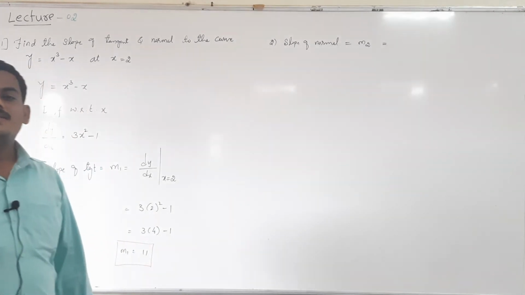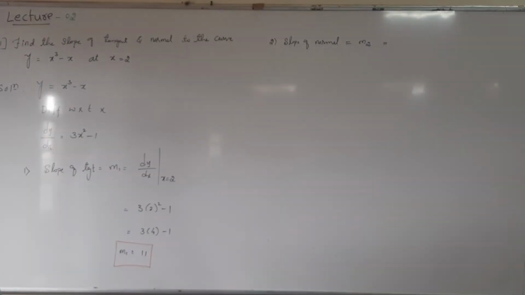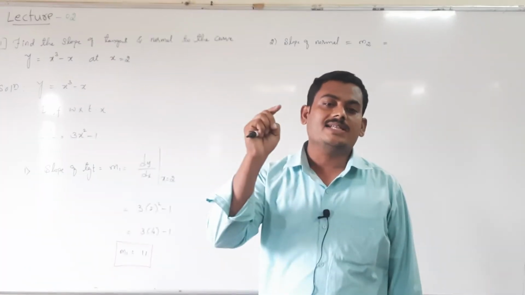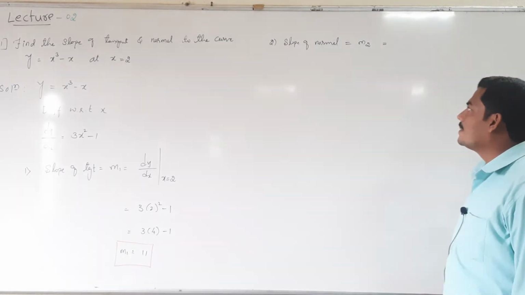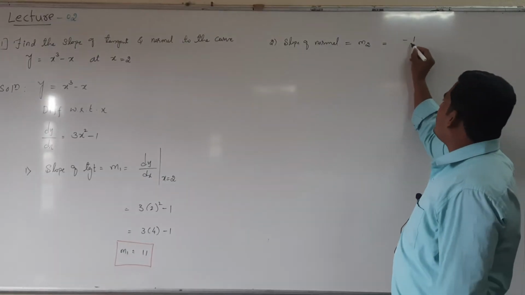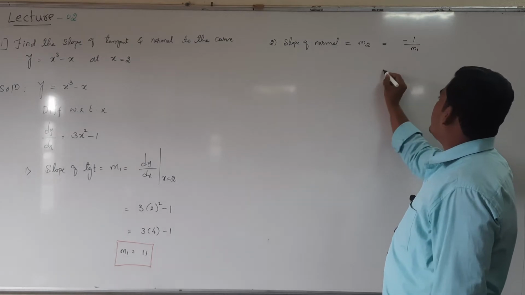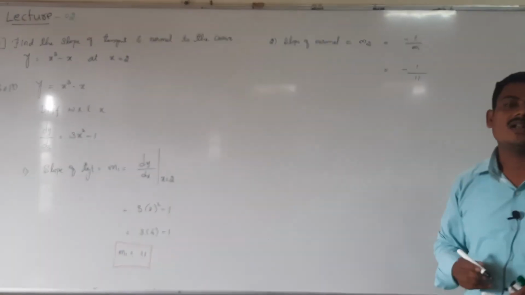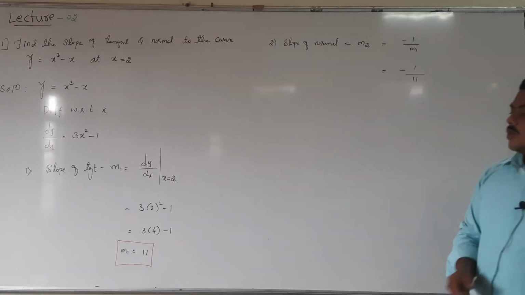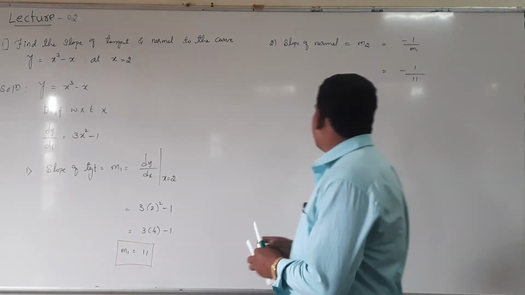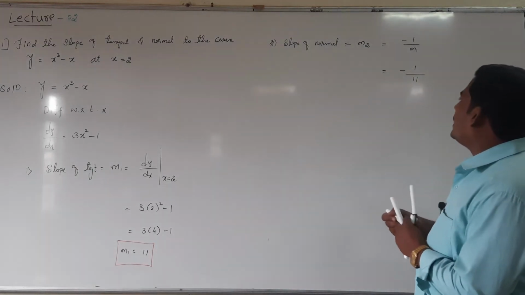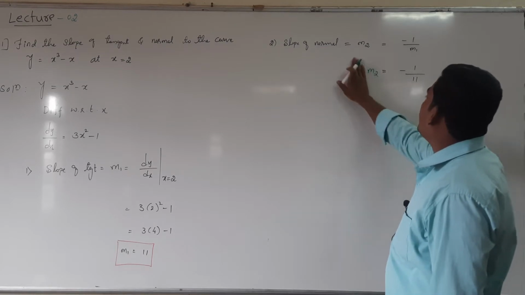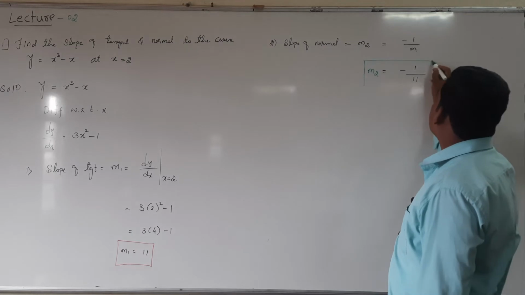Slope of normal is equal to the negative reciprocal of the slope of the tangent, because the tangent line and normal line are perpendicular to each other. So minus 1 divided by m1, that's minus 1 divided by 11, is the slope of the normal line. The slope of the tangent line is 11 and the slope of the normal line m2 is minus 1 by 11.